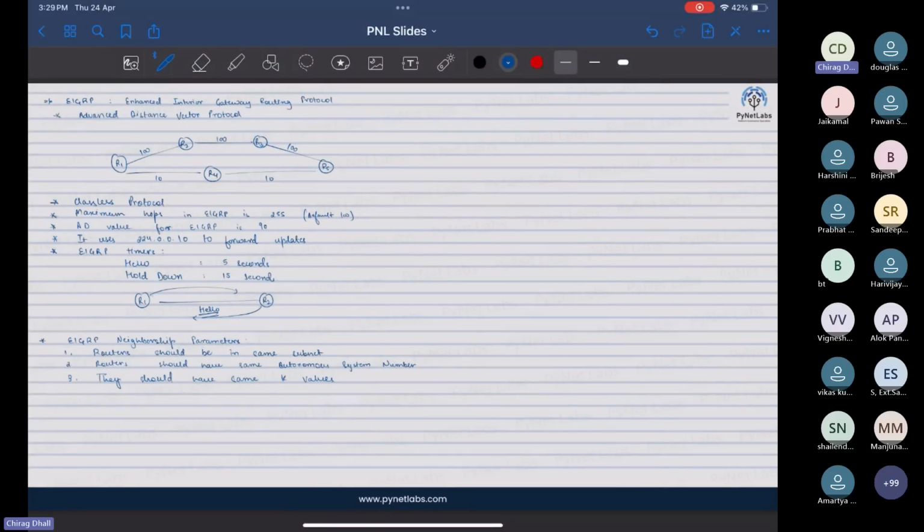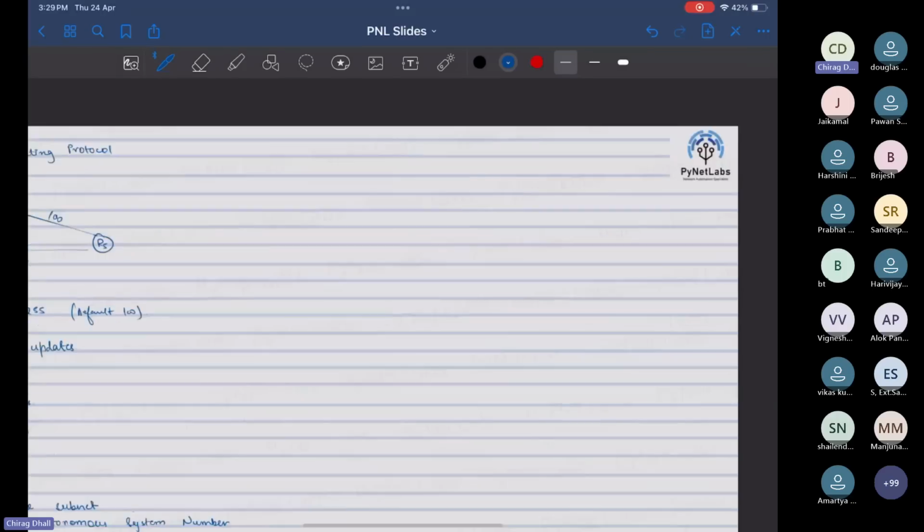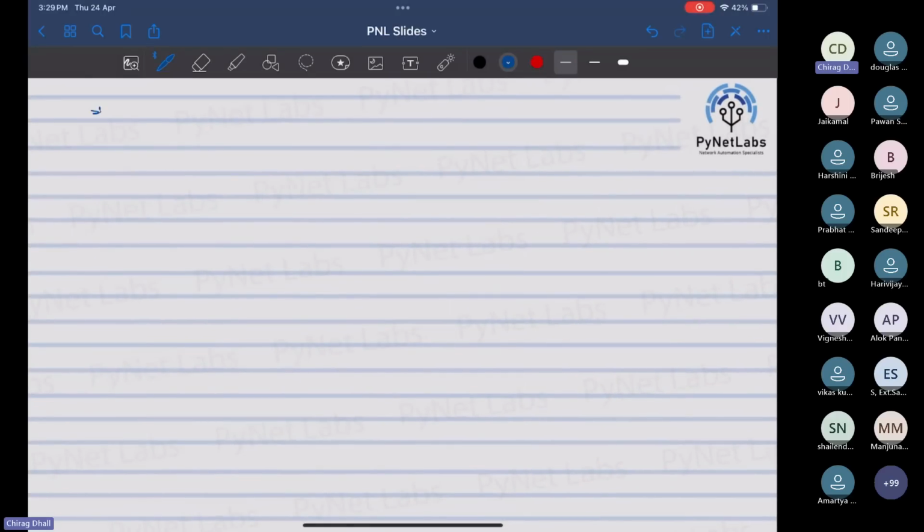After the EIGRP neighborship is established, EIGRP maintains certain tables also. Let's talk about what are the EIGRP tables. EIGRP maintains three tables. The first table is neighbor table, in which, as you might be able to guess, the information about neighbors are added.